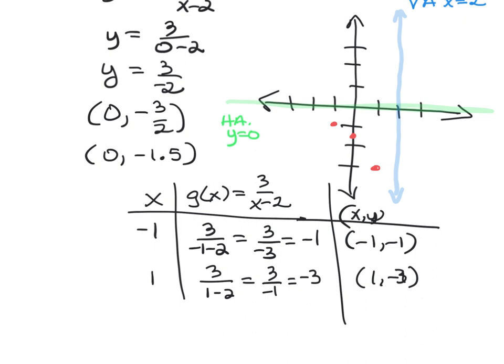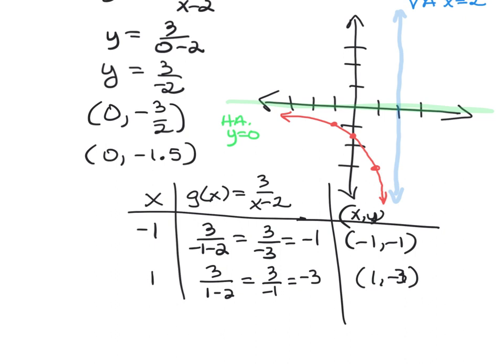And remember, think of the asymptotes like walls that your graph is going to skim along. So if I go ahead and connect these points, my graph is going to skim along and slowly but surely approach the two asymptotes. As it goes to infinity or negative infinity, it's going to get closer and closer. So that's the first part of the graph.